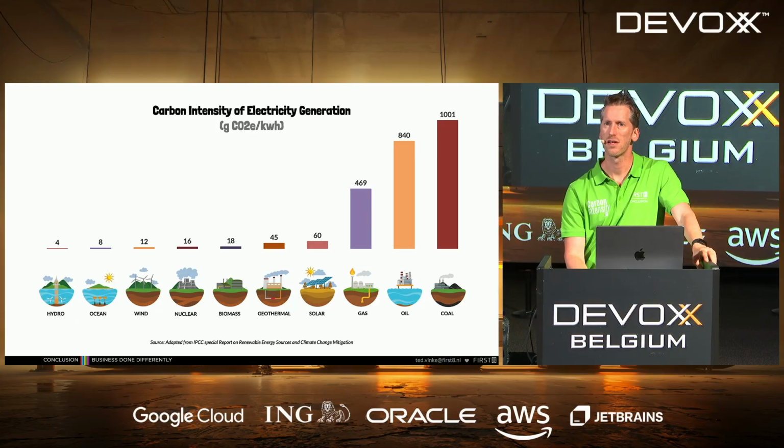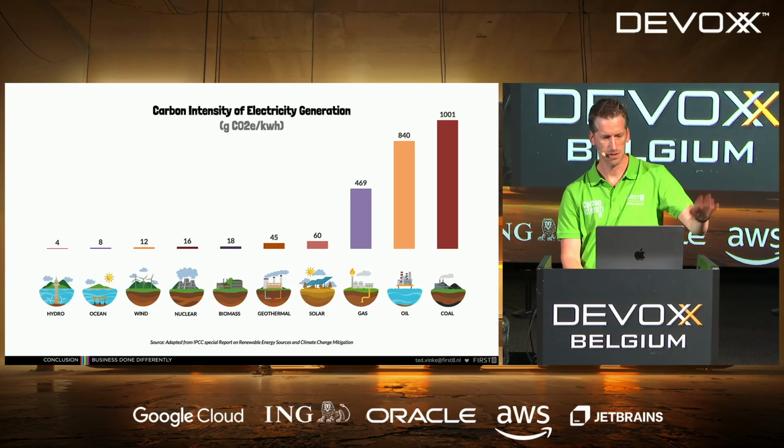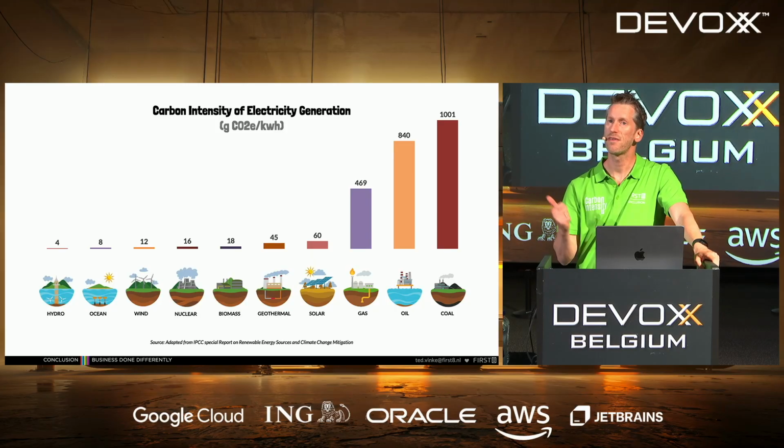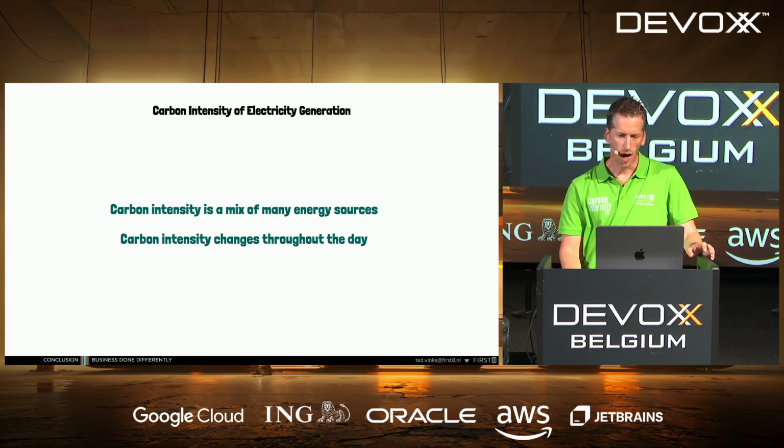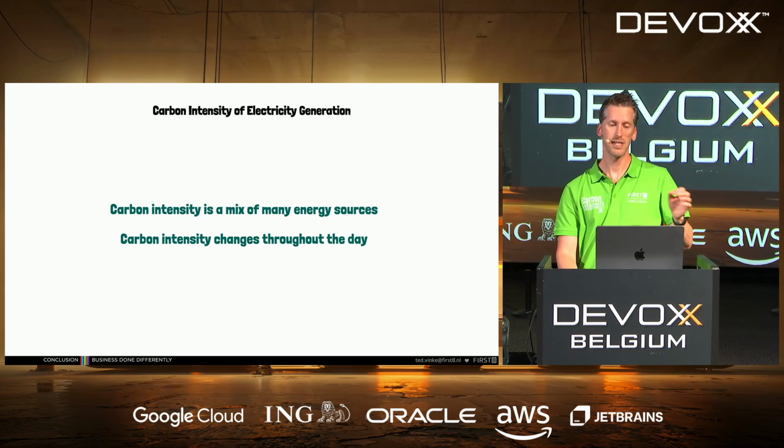More than 800 grams for oil, 400 for natural gas, etc. And on the left, you see wind, solar, hydro energy emitting only a few grams. Now you know how we can use it to measure electricity generation.